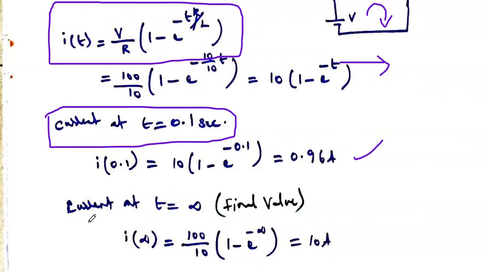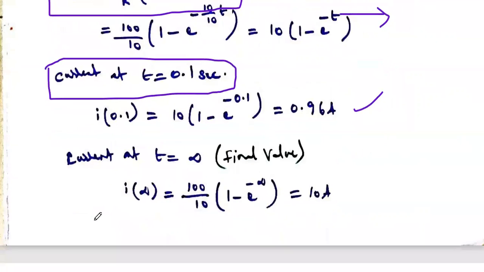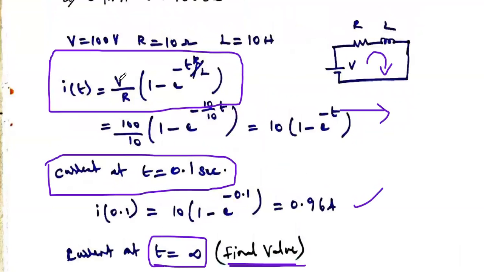time taken by this circuit in order to reach half of its maximum value. Okay, so first we have to calculate what is the final current flowing through this RL circuit. In order to find out the final current, you just substitute time t equal to infinity in our I of t equation.